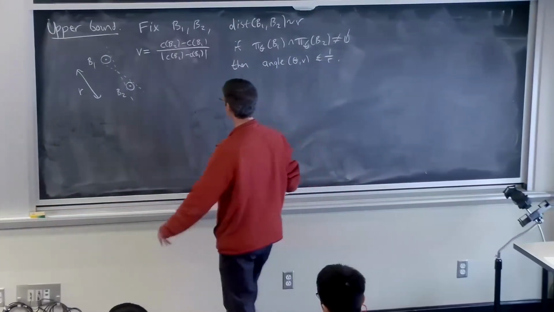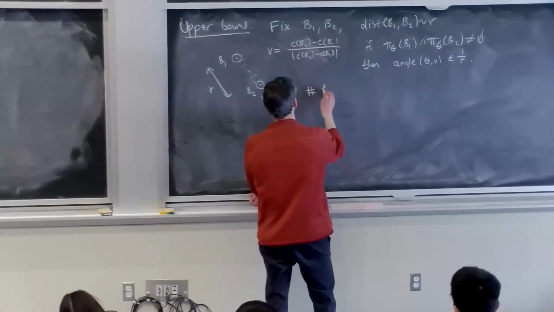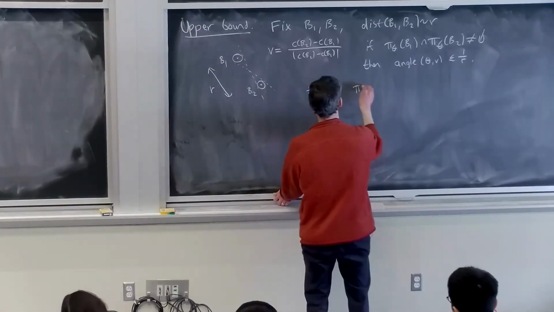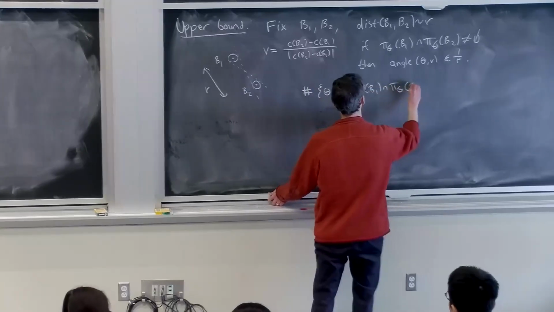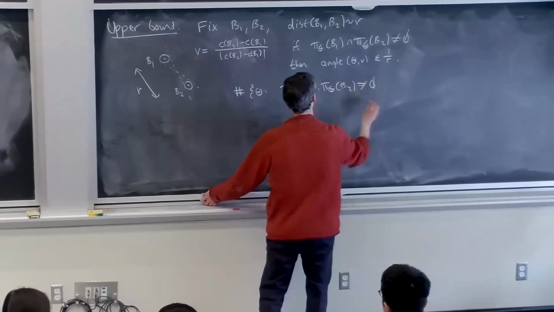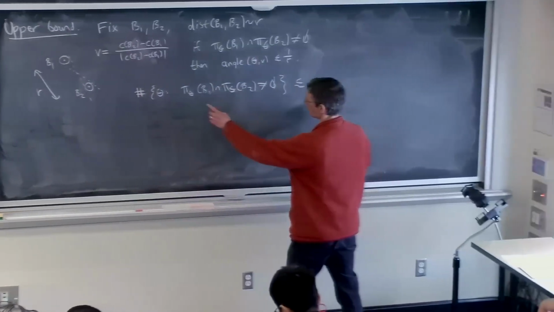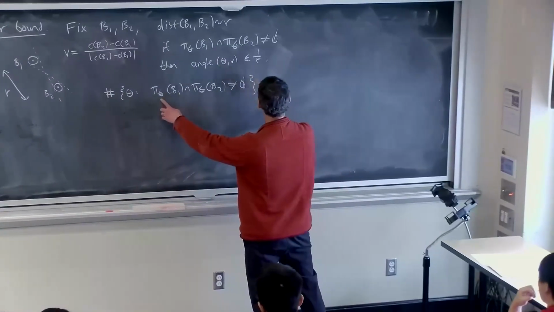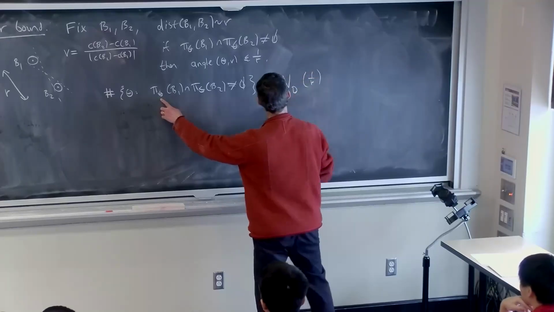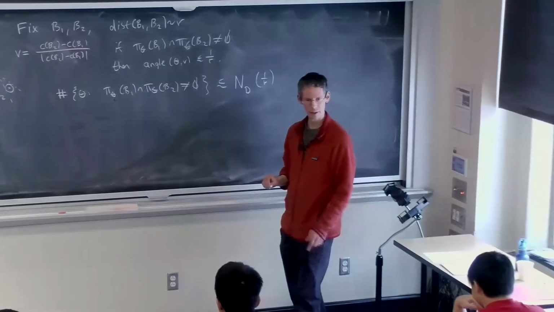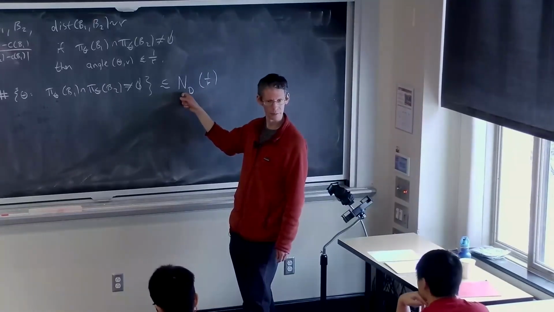OK. So now the number of theta, so that pi theta of B1 intersect pi theta of B2 is not empty, would be bounded by the number of directions in this little arc. So that would be nd of 1 over r. So we see the spacing function of the set D comes into play here.